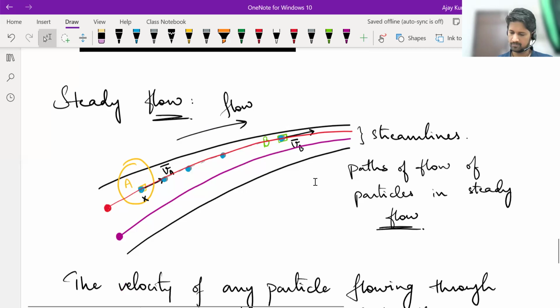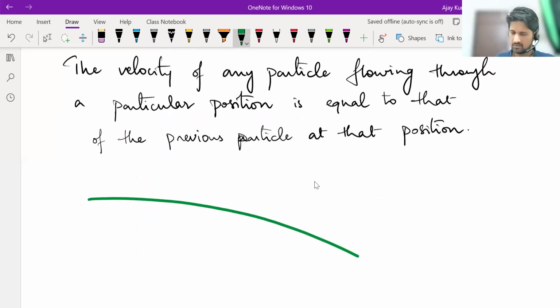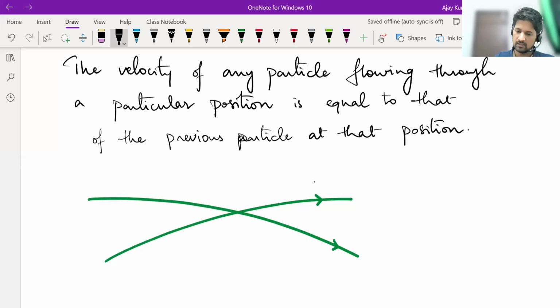Okay. Now you consider this. Suppose this is one streamline. Let's say there is streamline flow happening somewhere, and this is one streamline, and this is another streamline. The streamlines are crossing each other. Now, how did we draw the streamline in the first place? Basically, we trace the path followed by one of the particles.